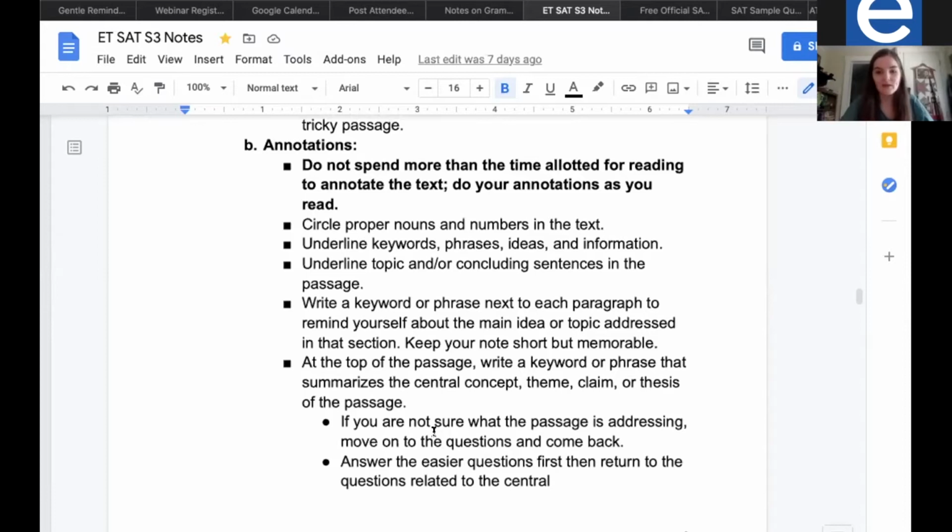Okay, so that's true for most standardized testing, and actually it's true for any of the sections on this exam. You need to be looking at what the question says, but also what the information is in the passage so that you can more quickly find it in the passage. Okay, all right.